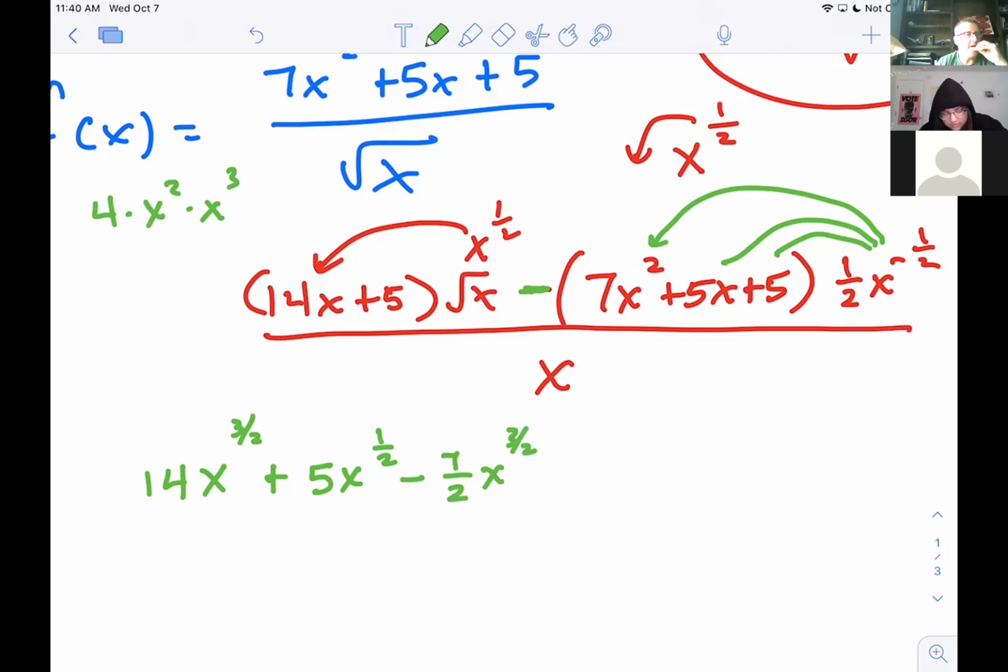And then minus again. And is that to the negative half? Or no, what am I doing? Sorry. Take your time. That'd be to the half, right? Good job. You have x to the 1 and x to the negative 1/2, and 1 plus negative a half is positive a half.